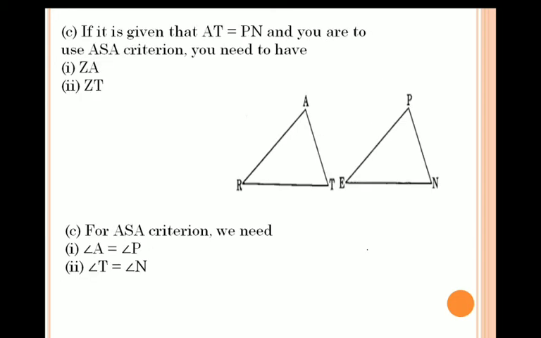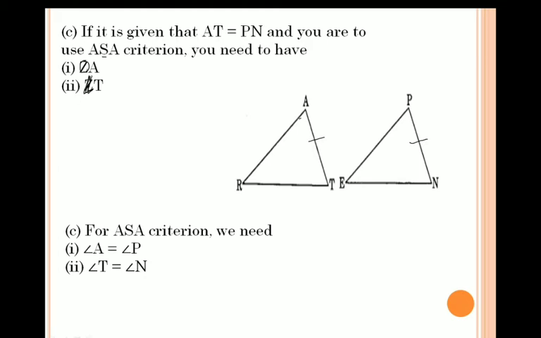Now the next one, the diagram is the same. If it is given that AT is equal to PN, and you are to use the ASA rule: now S is given, we have to find the A. Look here, this should be an angle, and this is also an angle.